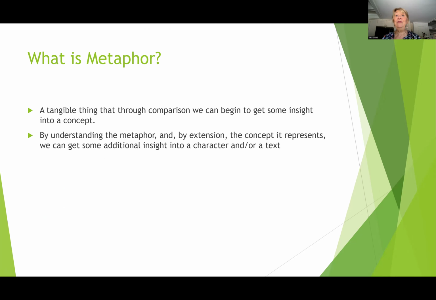So the idea of love or pride or fear or patriotism, things like this, right? That are these abstract concepts, but to get at it, we look at concrete items so that we can examine that concrete item to get some insight into the larger, more abstract concept, right?